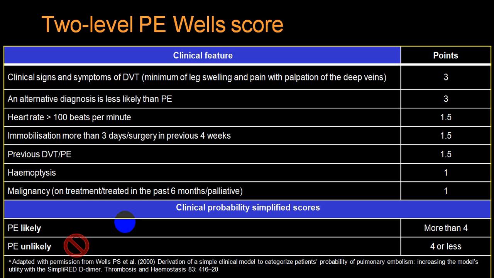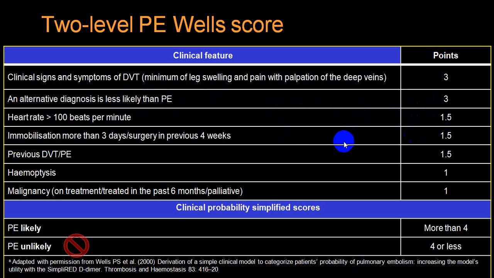If you want to confirm the diagnosis of pulmonary embolism, you can utilize the two-level pulmonary embolism Wells score, and depending upon the points calculation: clinical symptoms and signs of DVT, 3 points, and alternative diagnosis less likely, that also gives 3 points.